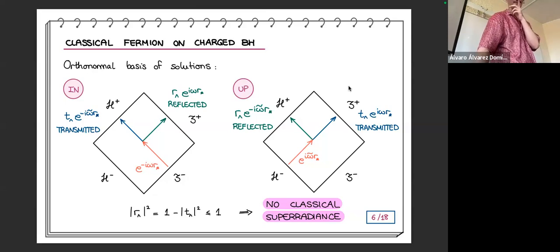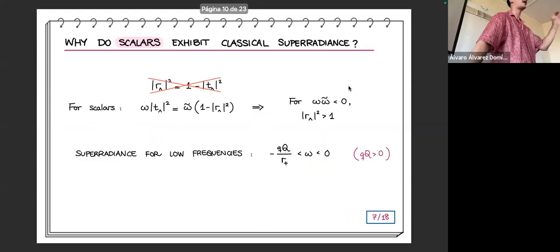Okay, perfect, thank you. So now we do not have classical superradiance with fermions, but I said before that we do have classical superradiance with scalars. You can do exactly the same, changing the formalism, and what you find is that you do not have now the same relationship as before with fermions. We have now a relationship between the transmission coefficients and the reflection coefficients, okay?